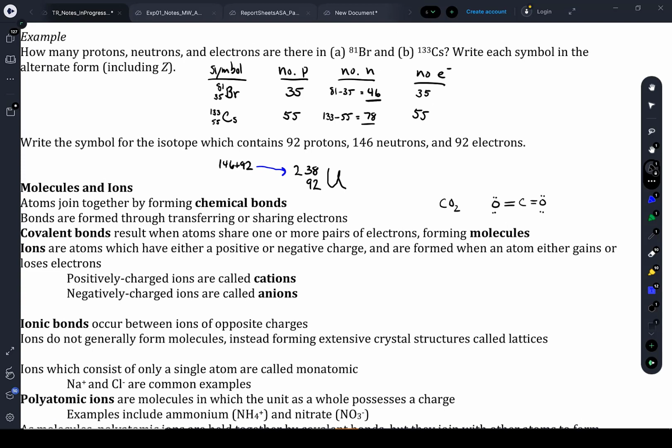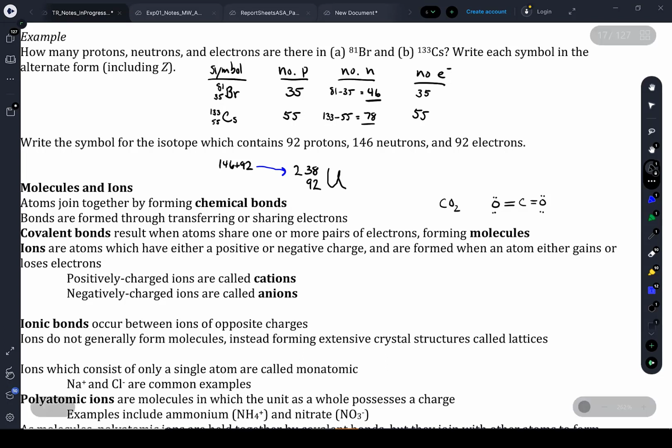Ionic bonds are the other types of bonds that we deal with. And to keep it as simple as possible, an ionic bond is just a conglomeration of attractions between ions of opposite charge, okay? So for example, if I have a metal with a nonmetal, sodium bonding with chlorine, they're going to form ions. Ions have opposite charges in that case.